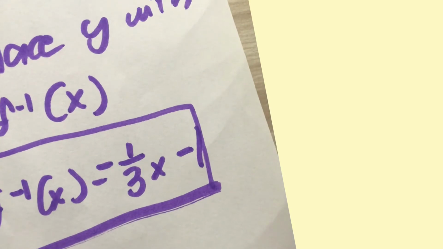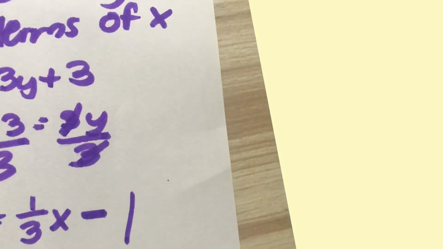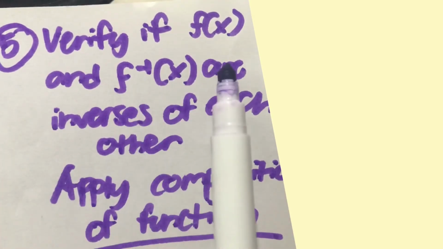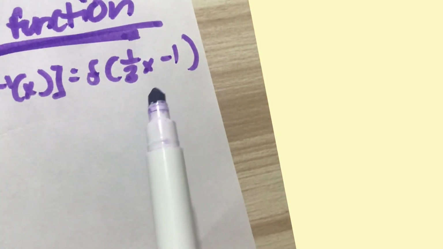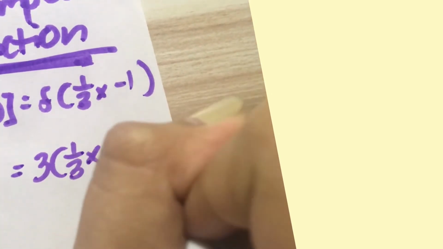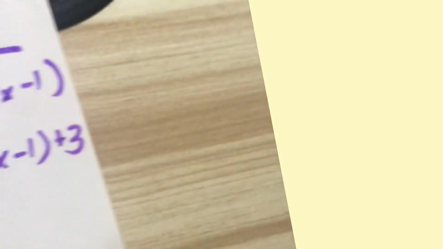But this is not our final answer. We must verify it first and check it. So verify if f of x and f negative 1 of x are inverses of each other by applying composition of function, which we did earlier. So the value of x here is the value of the inverse function, which is 1 over 3x minus 1. We incorporate it to the solution of f of x, which is 3x plus 3.